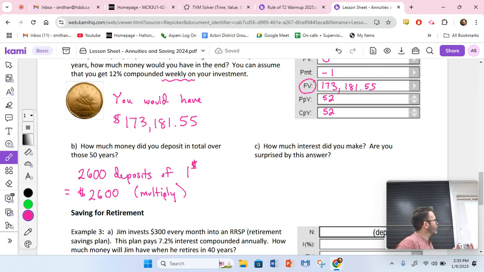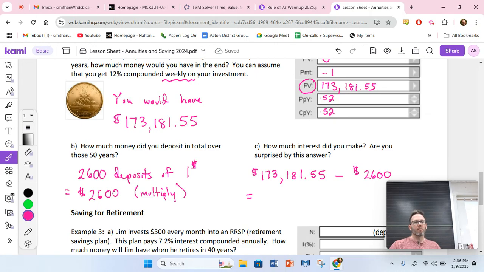Now let's find out how much interest did we make? How much free money did we get just by putting $1 a week away? Well, to do that, we take our future value, which was just slightly over $173,000, and we just subtract how much of our own money we put in, which was $2,600.